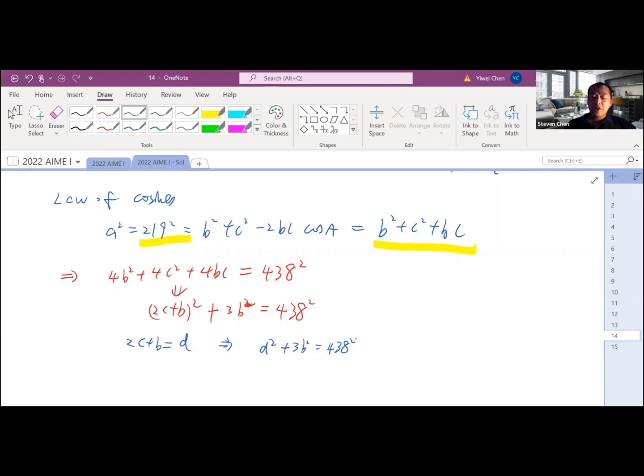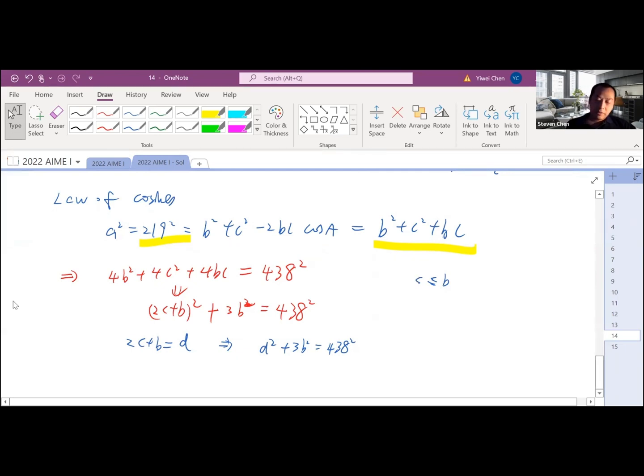So is there any restriction on b? Yes. Recall that in this case, we assume that c is less than or equal to b. Right? So here we assume d is equal to 2c + b. So what is the relationship between b and d?